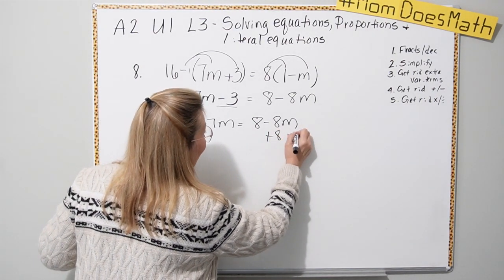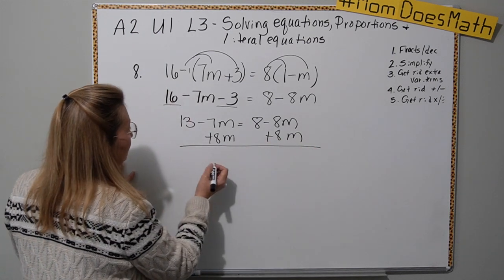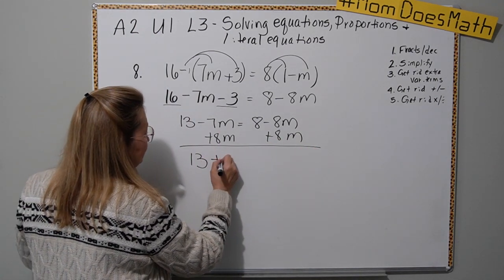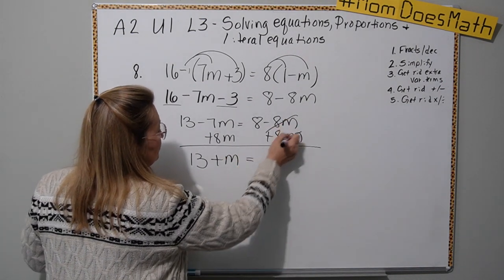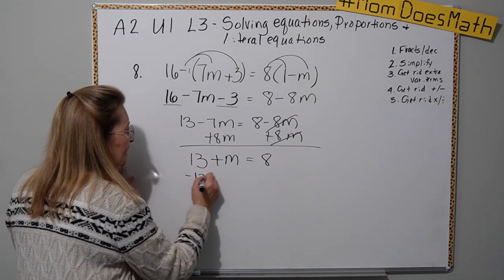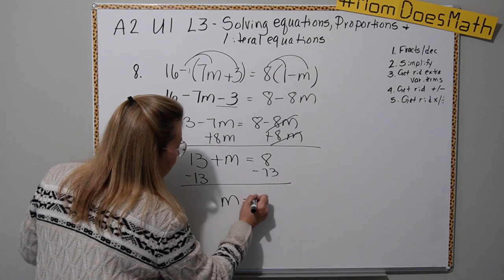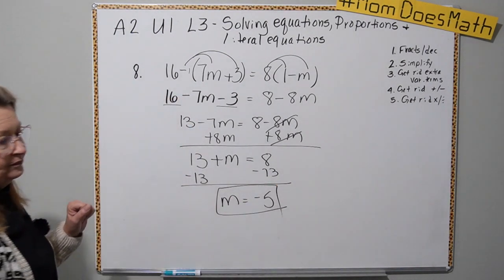I'm going to choose to add the larger one. That way it's going to get rid of a negative. So now 13 minus 7m plus 8m just gives you plus 1m, and you don't have to put the 1. These two cancel, so I have 8. Now get rid of the 13, subtract 13 from each side. M is equal to negative 5.